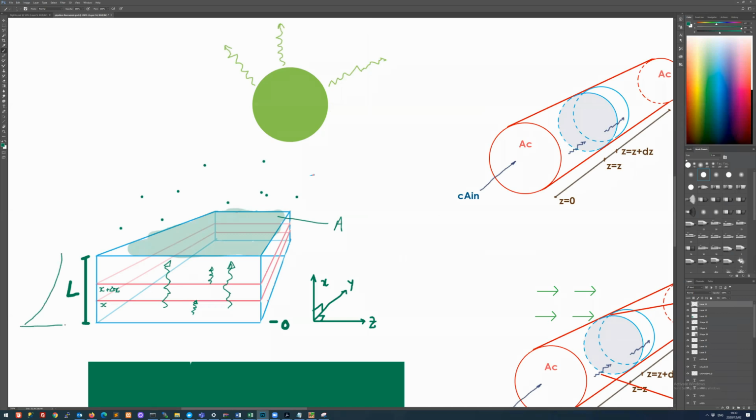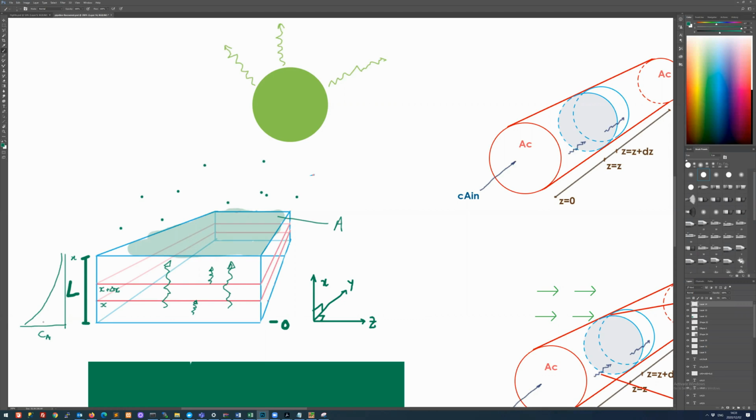If this is our graph, if this is CA here, if we are plotting CA as a function of X, then we expect a high concentration of water as far away from the surface as we can, and then as we get closer to the surface, where water is actually diffusing away from the slab, we'll have a lower concentration.